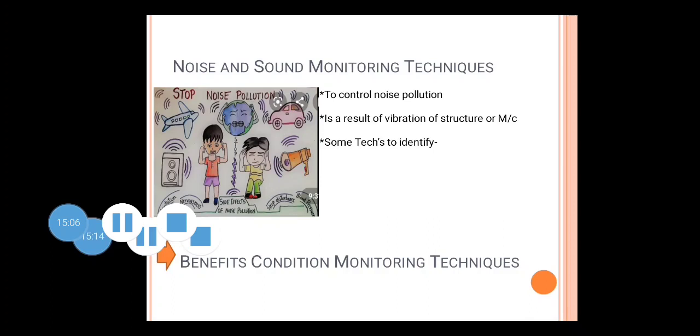Some components are used to identify and detect that noise and sound. Following are some techniques. Those are the surface intensity approach by using an accelerometer, a vibrating surface meter.